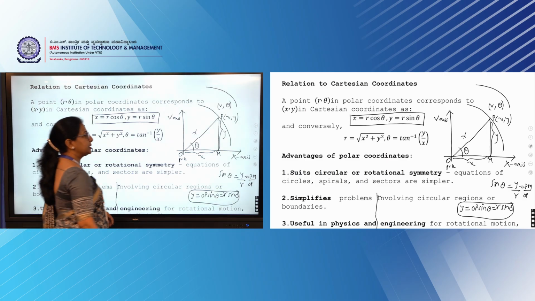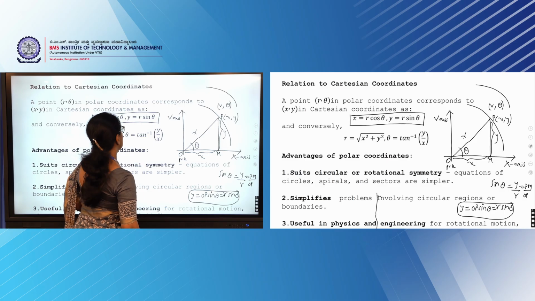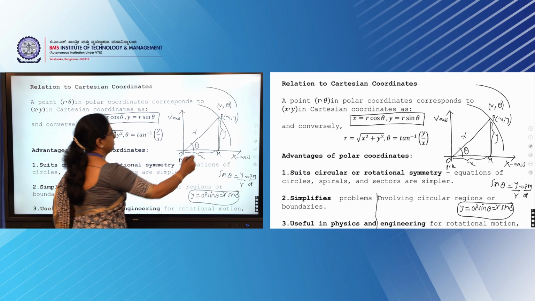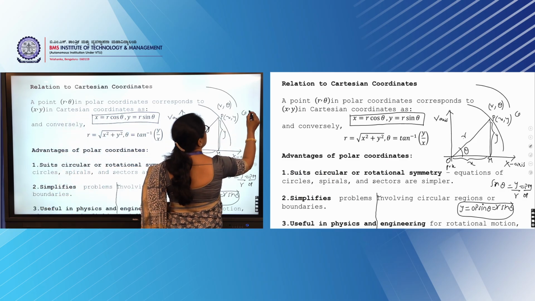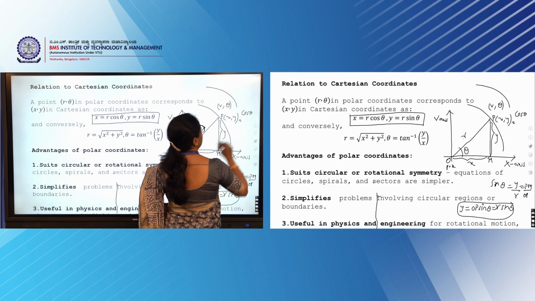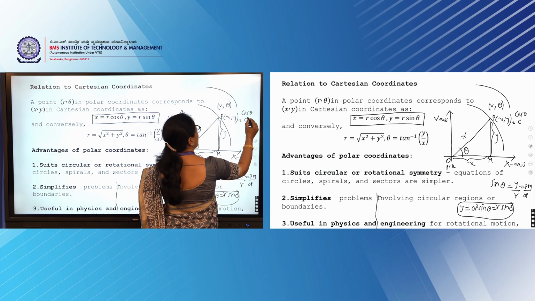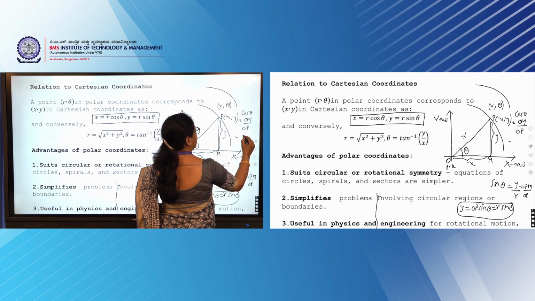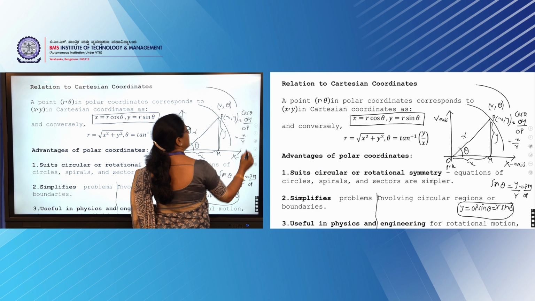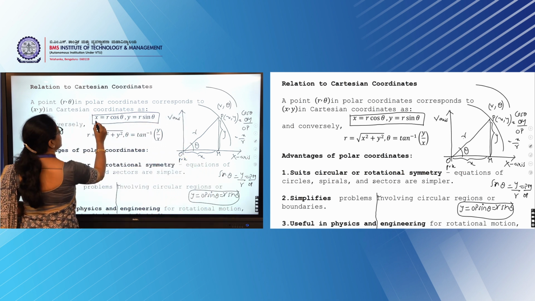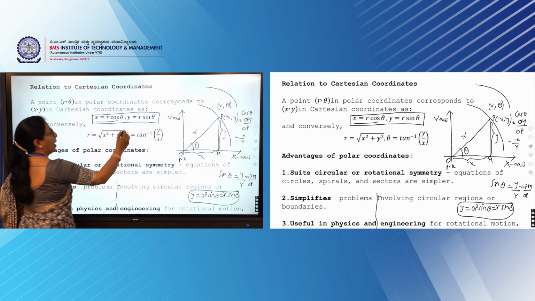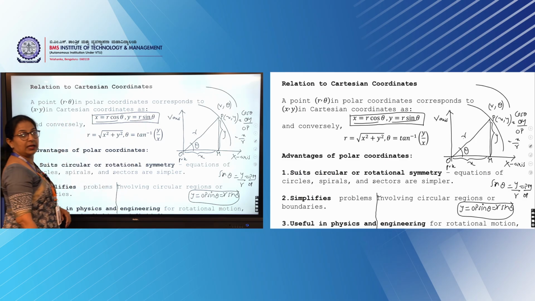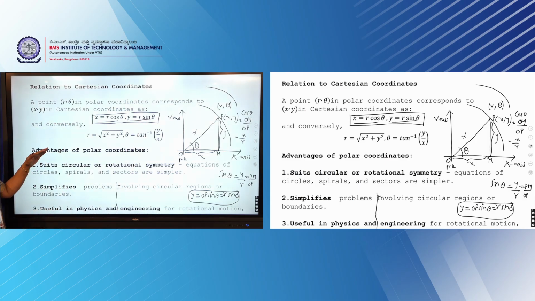If I take in terms of cos theta, cos theta will be adjacent OM upon OP, and that is nothing but x by r. So x is equal to r cos theta, y is equal to r sin theta.